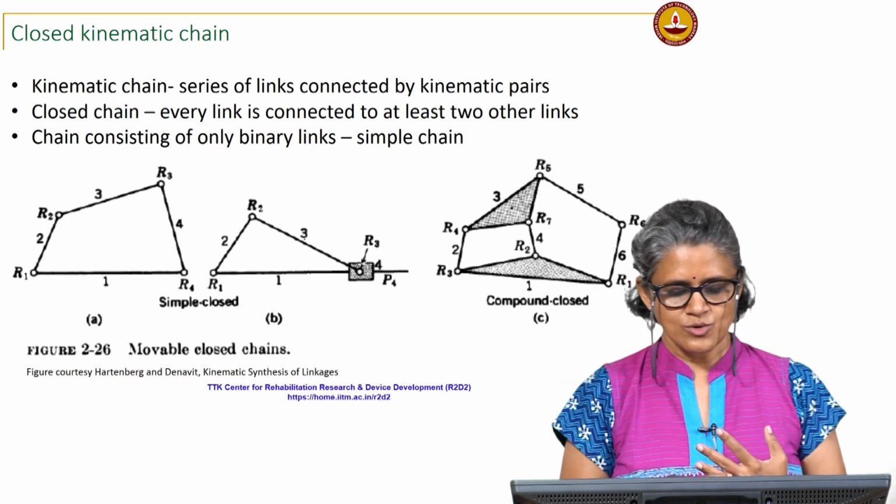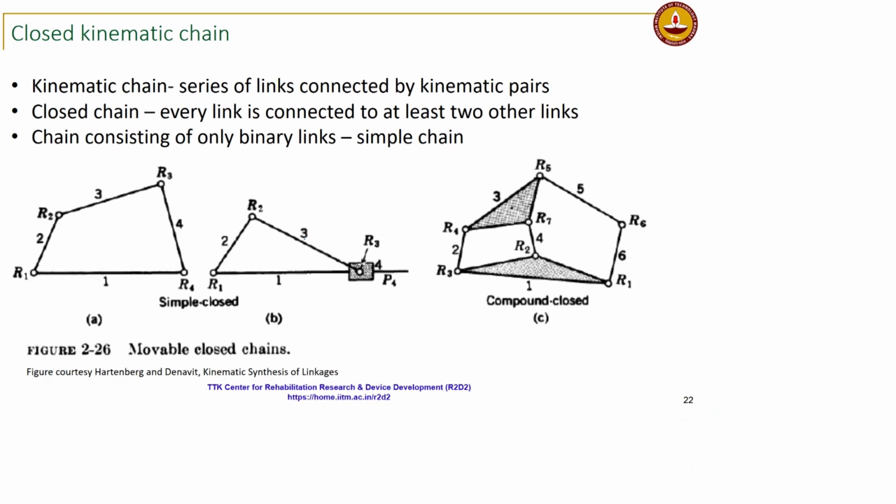For a lot of analysis, if you consider a chain that contains only binary links, we call it a simple chain. So for a slider crank, this is your typical 4 bar kinematic chain, and a closed kinematic chain becomes a mechanism when you fix one of the links in the kinematic chain.